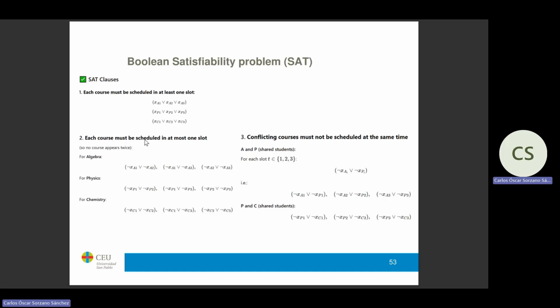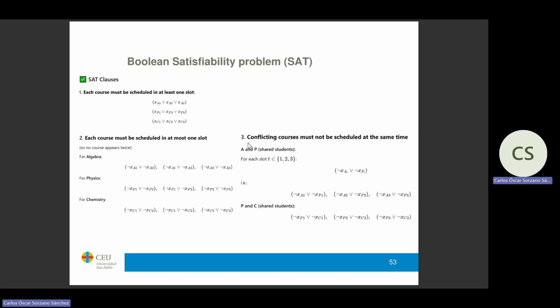Each course must be scheduled in at most 1 slot. So it is either not XA1 or not XA2, and the same for the other pairs. So you formulate it this way. Conflicting courses must not be scheduled at the same time.